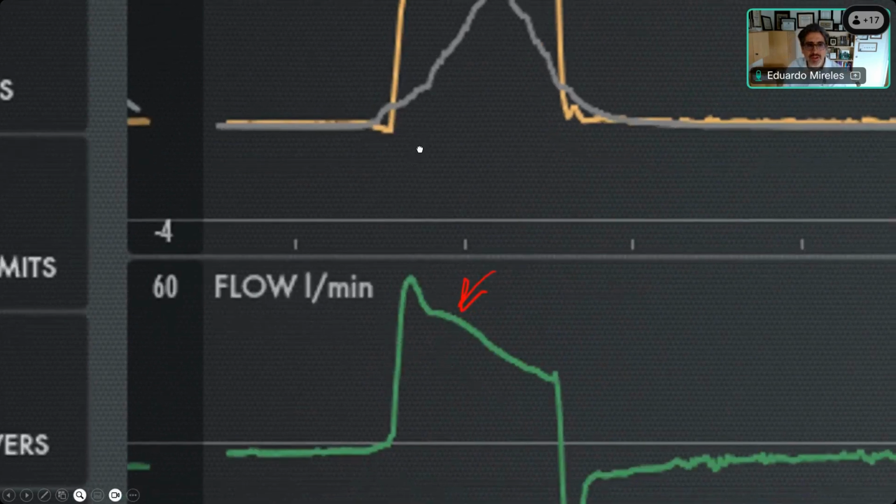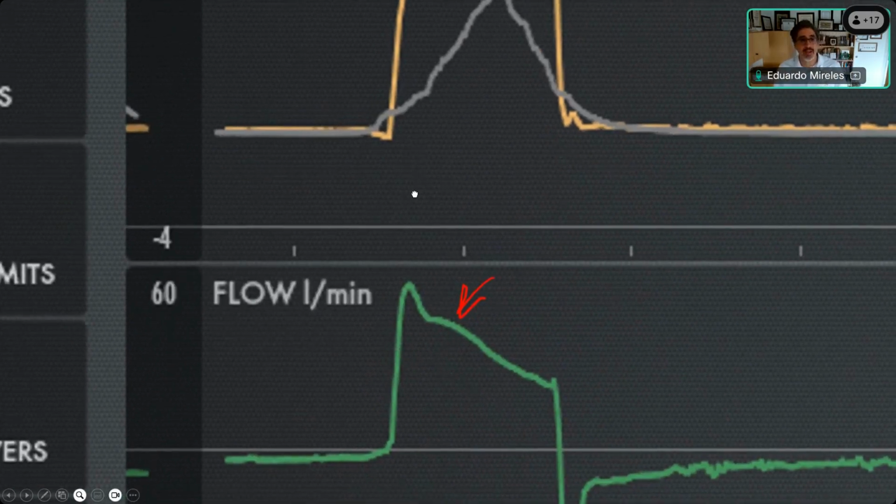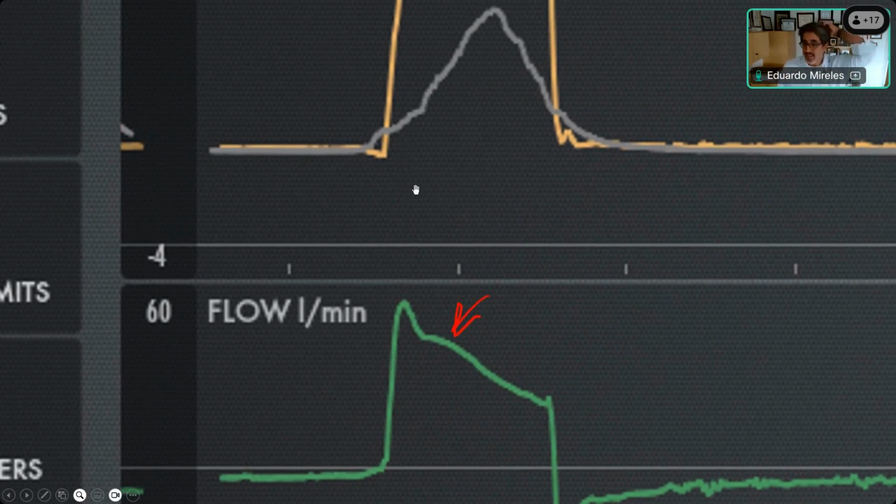Now, I will just highlight, this is a ventilator we use a lot. Is this a machine or a patient triggered breath? Yeah, Filippo, this is correct. This is a machine breath.